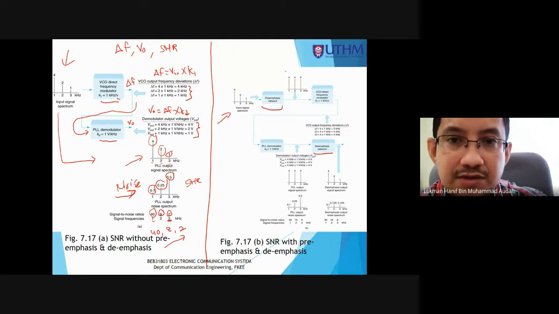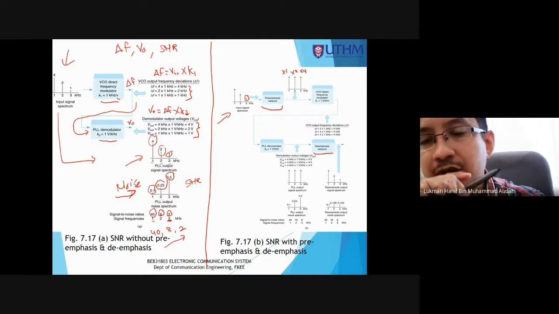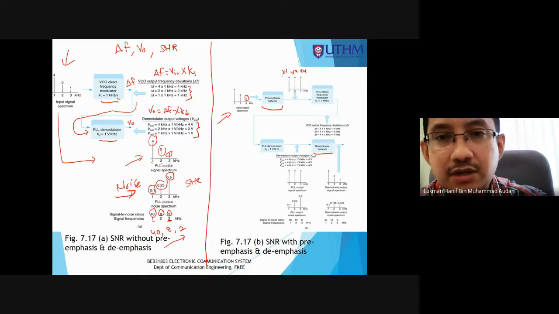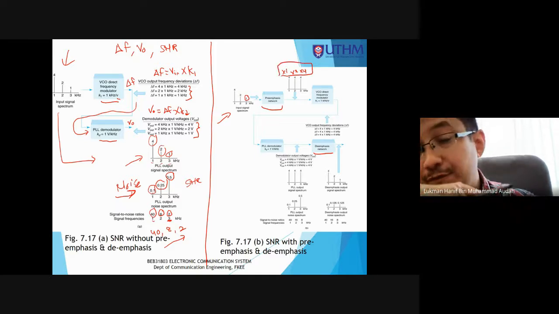Bermakna gandaannya di sini adalah darab 1, darab 2 sebab 2 darab 2 jadi 4. This is multiplied by 4 because here is 1 volt. If you multiply with 4, you get 4 volt. So you see that these are the increment factors 1, 2 and 4.